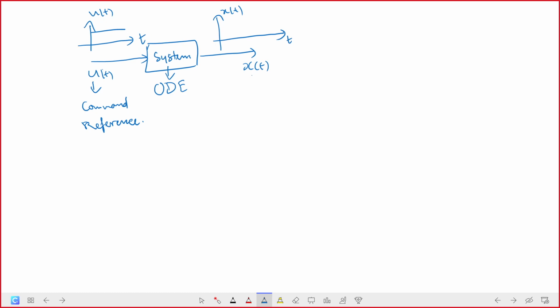So u of t is a step like this. What we want is the solution that converges to here. For example, if this system is described by the transfer function h of s equal to 1 over s plus 1 that you saw earlier.